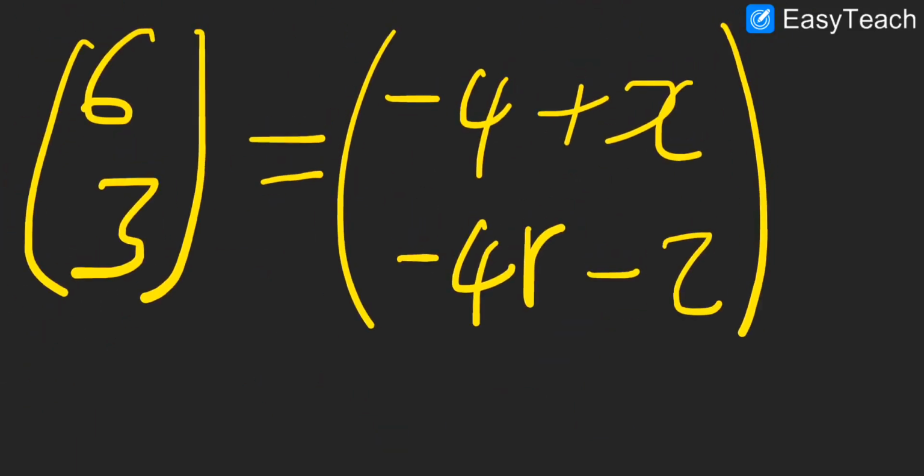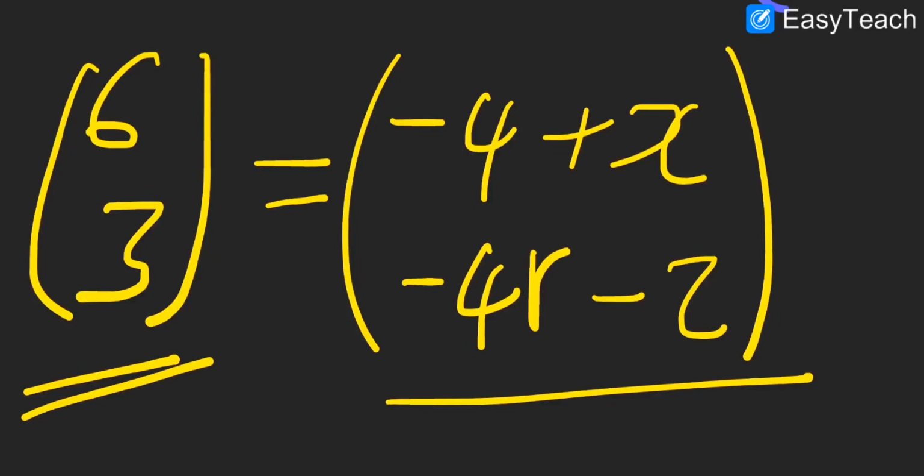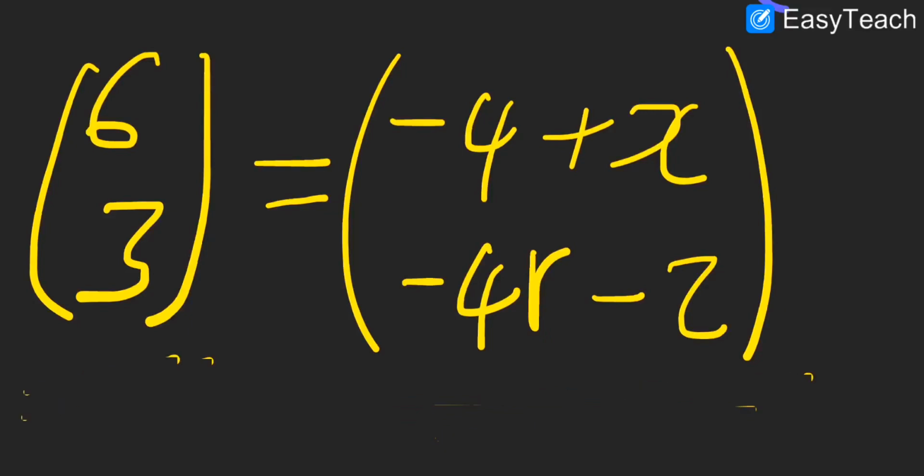Now we have two things: this one is equal to this one. I can say this is an equal matrix. Since these matrices are equal, their corresponding elements must be the same, because for any equal matrices their corresponding elements must be the same.